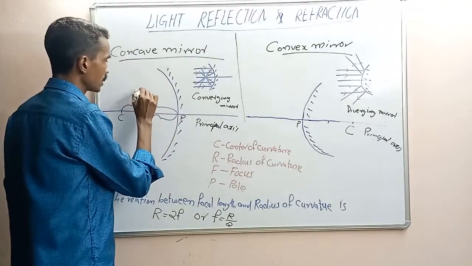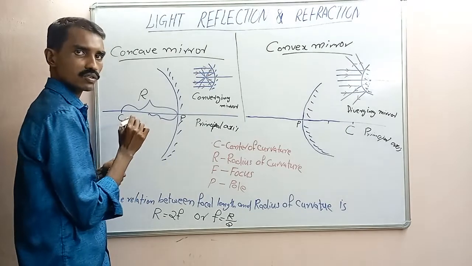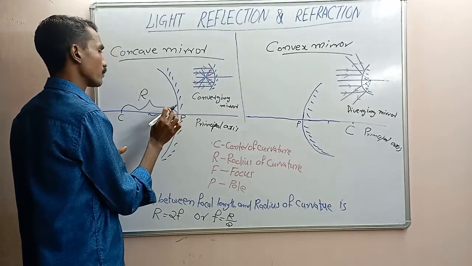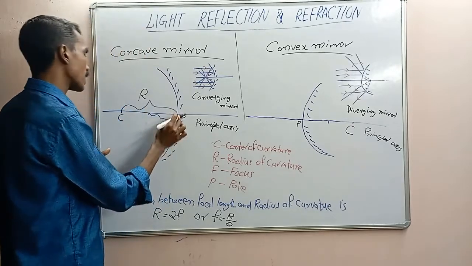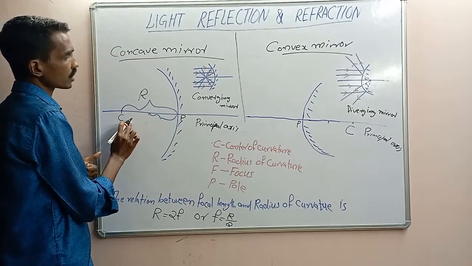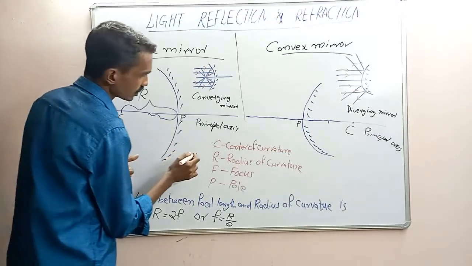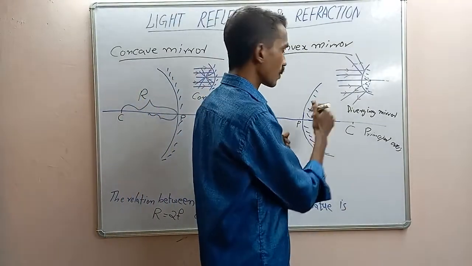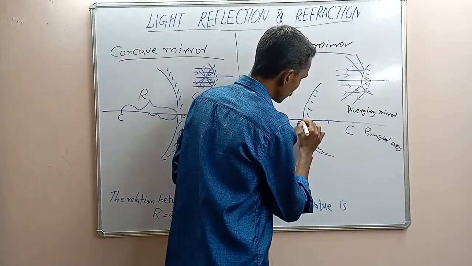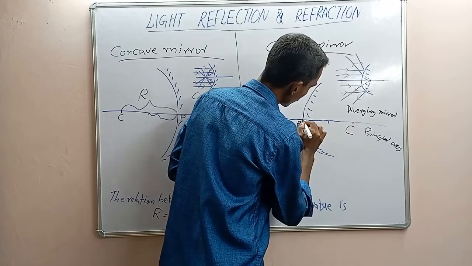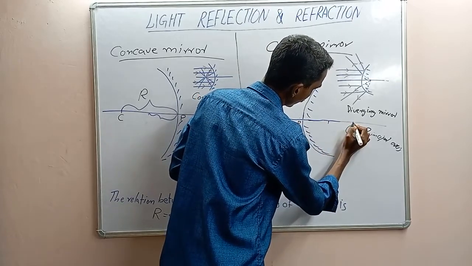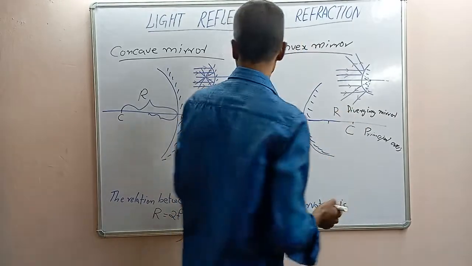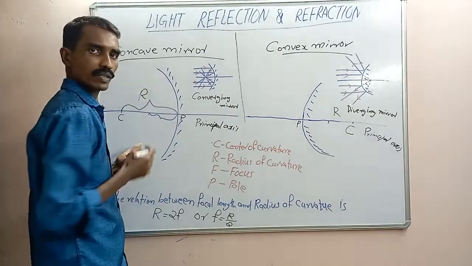We call it the radius of curvature, notated as capital letter R. In the case of a convex mirror also, the distance between the pole and the center of curvature is R, the radius of curvature. Clear?